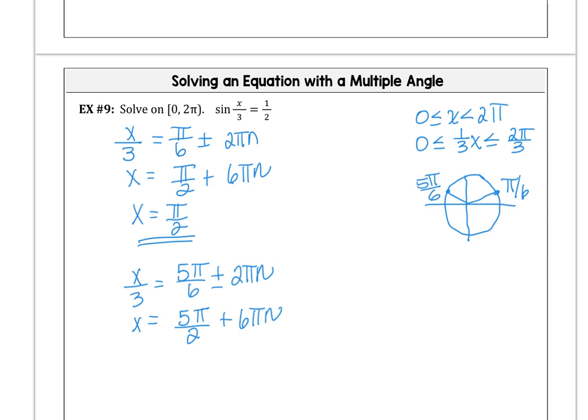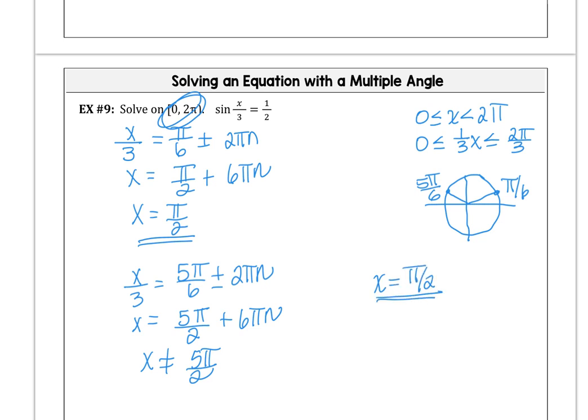Well, that won't even work at all, will it? Because x can't be 5 pi over 2. That's already outside of our domain up here. So we really only have one solution. x is pi over 2 is our only solution there.